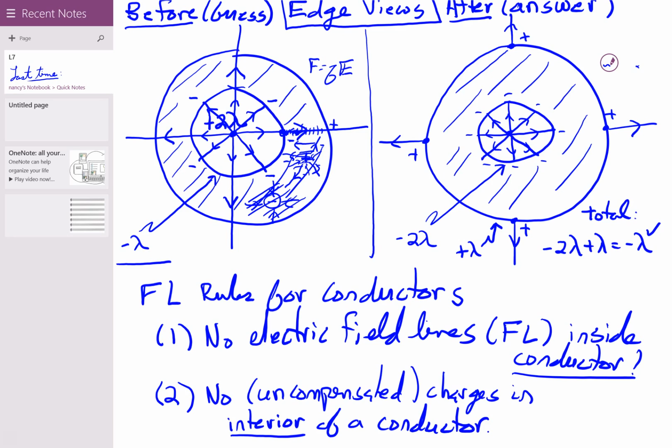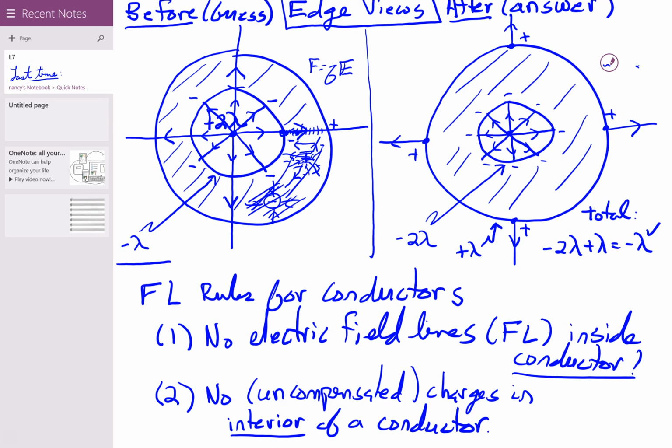What we saw was that those extra charges that came from the minuses did not end up anywhere inside the conducting material. They ended up distributed out towards the outside, on the surface.